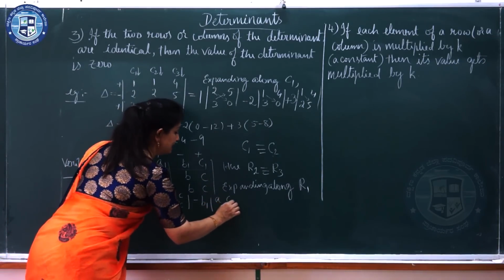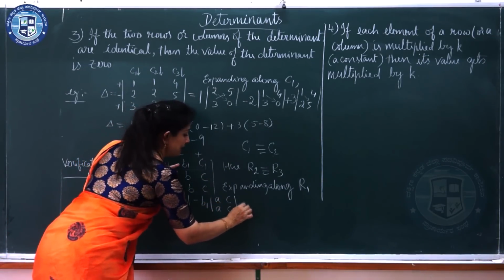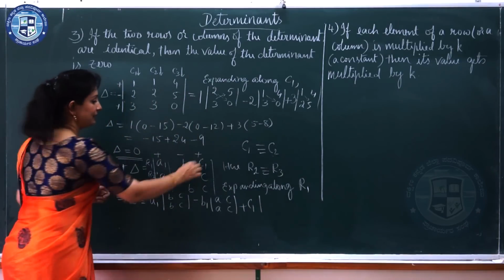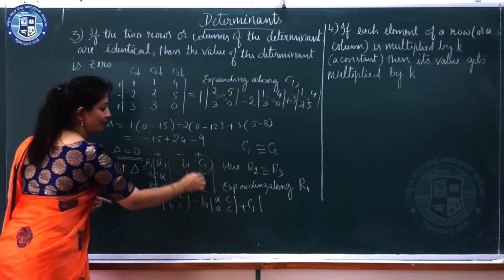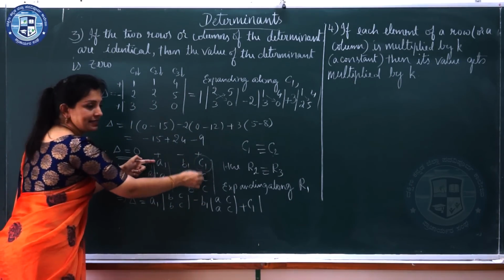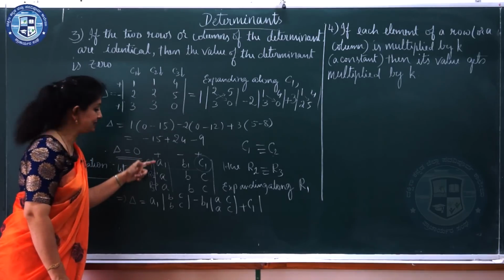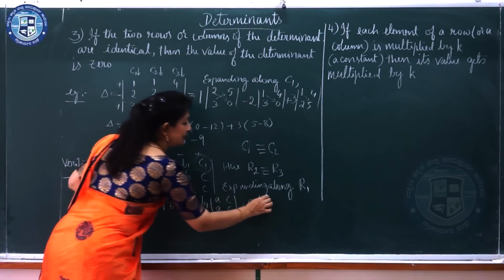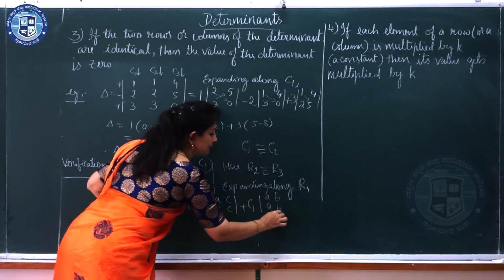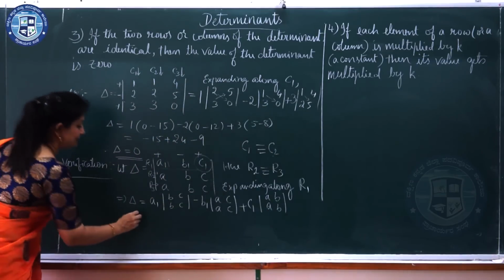We have A, C, A, C. Plus C1 into the third element, C1 into. The row containing C1 and the column containing C1 are deleted. So the 4 elements are A, B, A, B. Now what is the value of this?